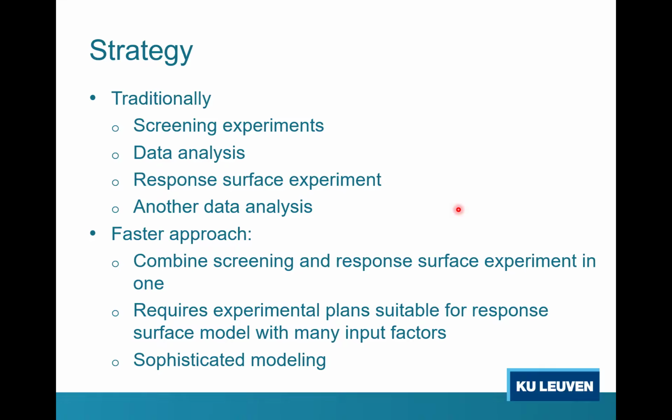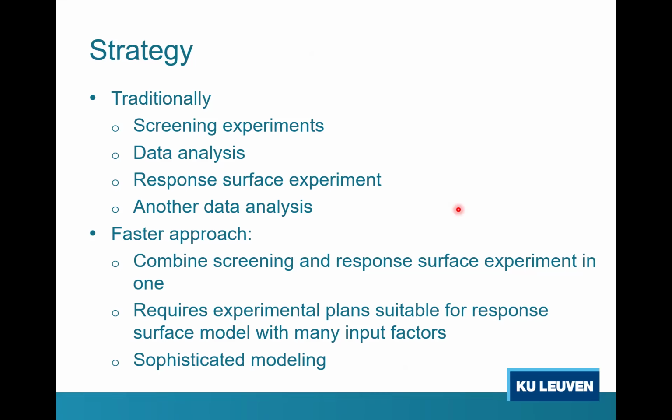Therefore, you need more sophisticated modeling techniques than in the past. Basically, you need to exploit the existing computational power to identify the best possible models when you want to combine screening and response surface experimentation in one. And I'm going to talk a little bit about that sophisticated modeling at the end of this talk.